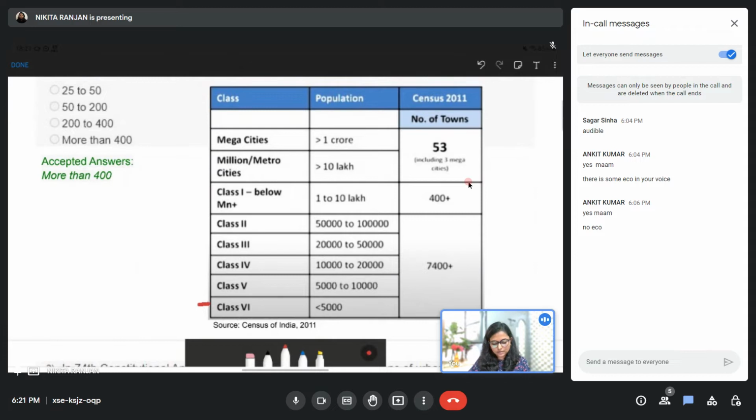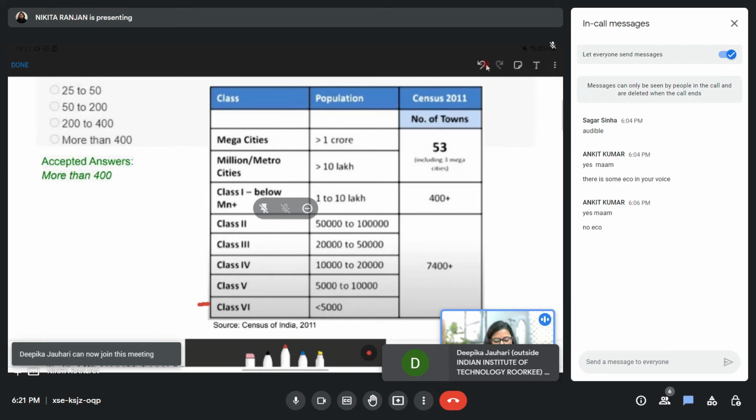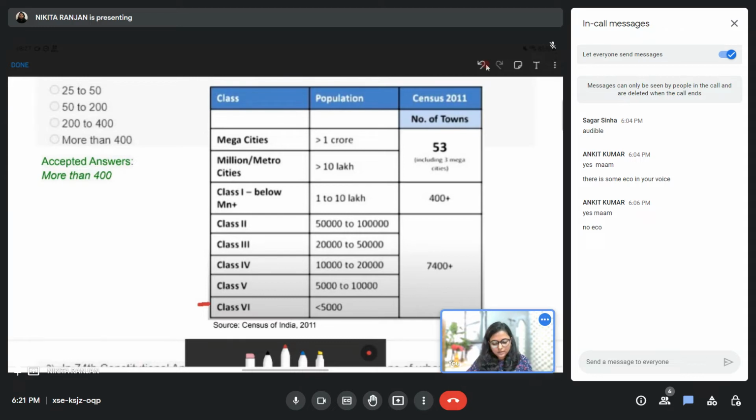Any urban area which has a population of less than 5,000 is considered a class 6 city. Then class 5 is any urban area which has a population of 5,000 to 10,000. Class 4 would be 10,000 to 20,000. Class 3 would be 20 to 50,000. Class 2, 50 to 100,000. And class 1 is greater than 1 lakh.